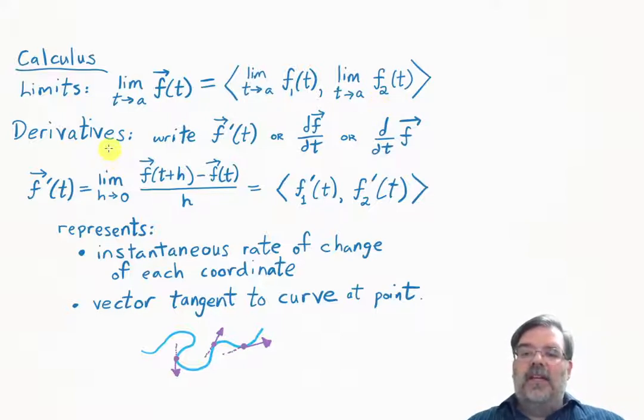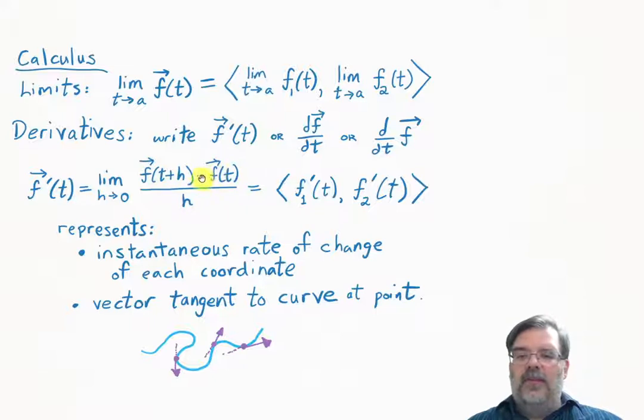If you want to calculate the derivative of a vector function, there's lots of different notations we might use. We might use vector f prime of t, or d vector f dt, or d over dt of vector f. And the definition is still the same. Right? Vector f prime of t is still the limit as h goes to 0 of vector f of t plus h minus vector f of t, all divided by h.